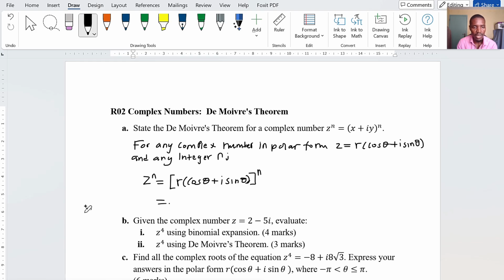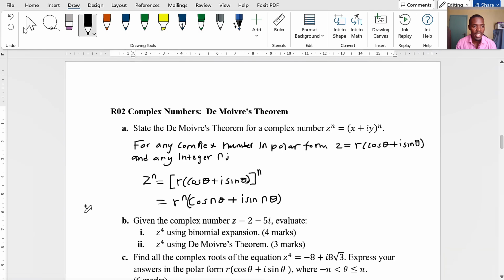Now this can be expanded as R power n, then bracket here, cos n theta plus I sin n theta. I close that. So that is de Moivre's theorem for any complex number and any integer n.